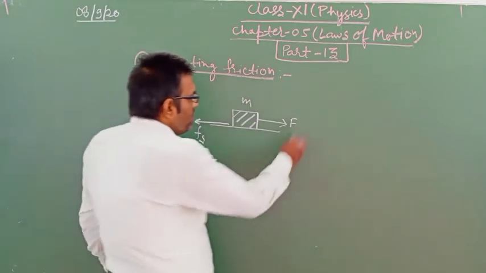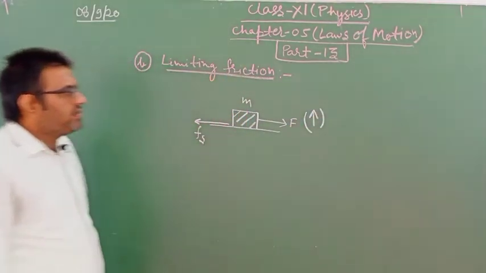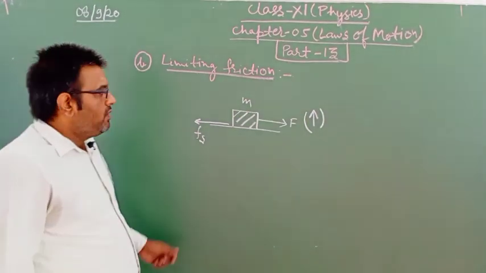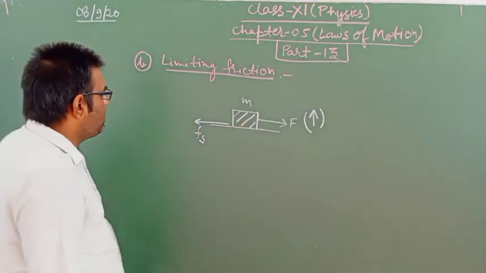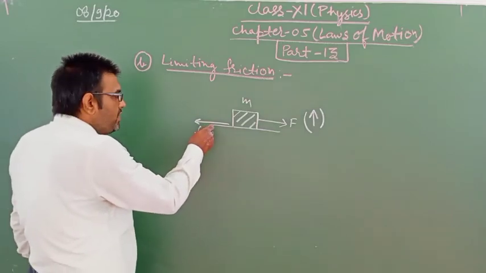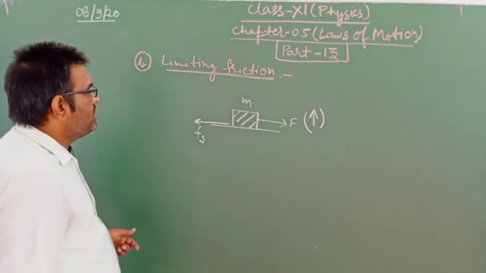Now we are going to increase this applied force, and as we increase the applied force for the movement of the block of mass m on this rough surface, obviously the value of static friction is going to increase.